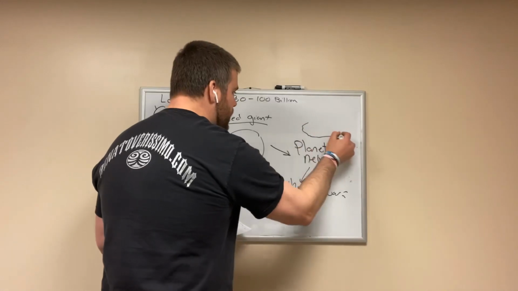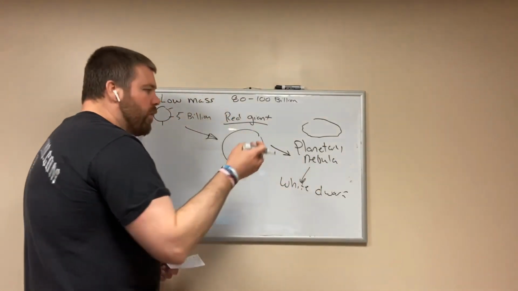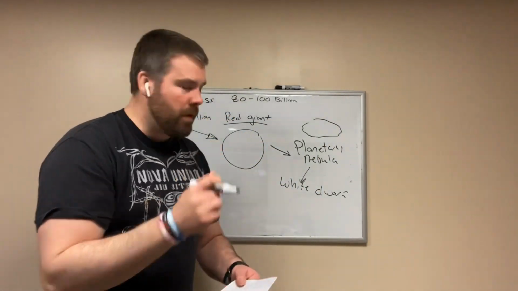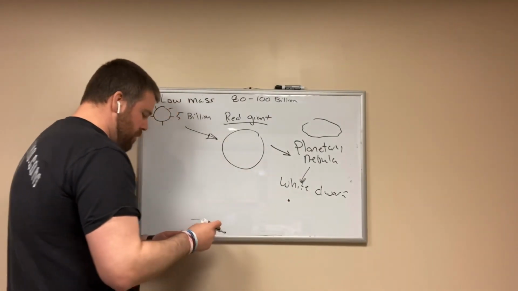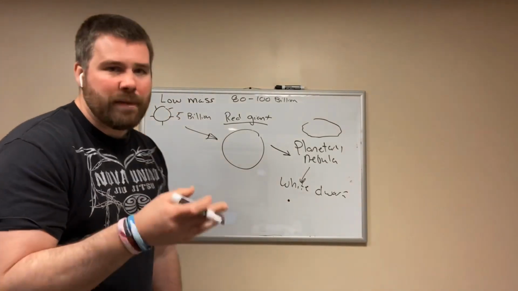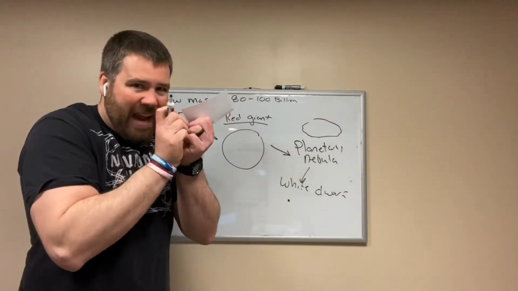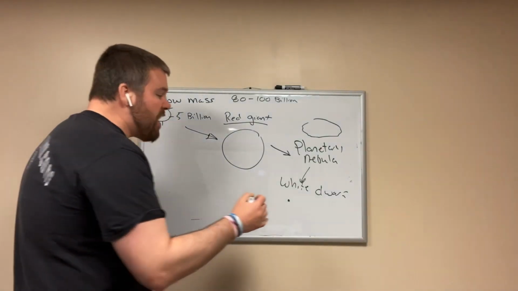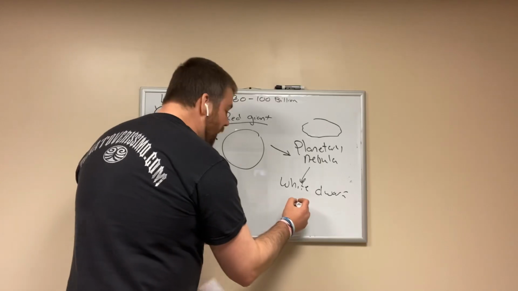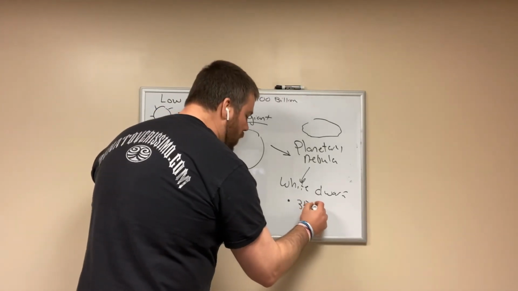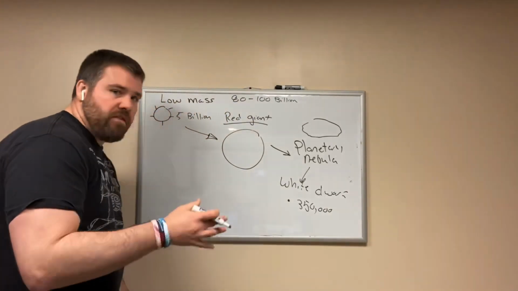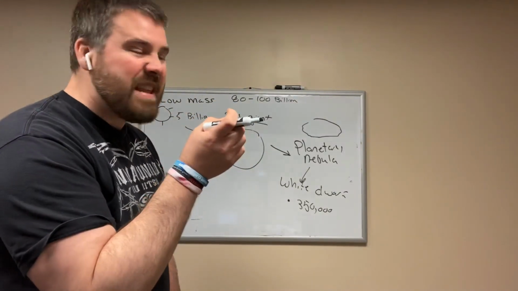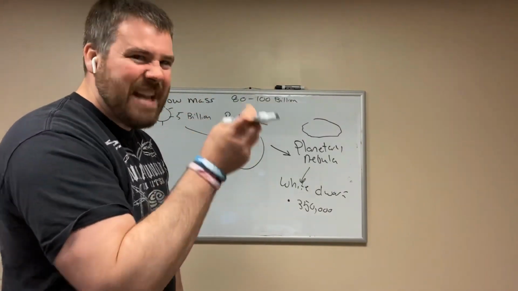We have our planetary nebula, our gases, and the white dwarf is kind of like the core of that nebula. It is very small, very bright, and incredibly dense. Dense means packed tightly together. It has 350,000 times the gravity of Earth. That's how dense it is.